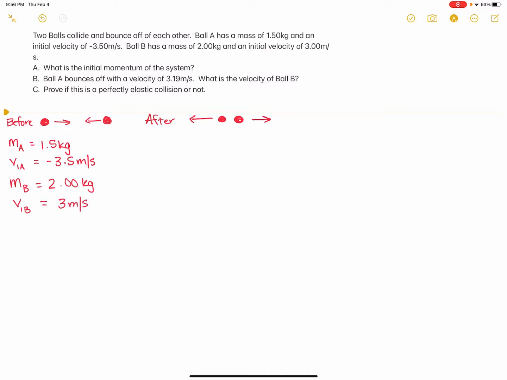So the first thing they're asking us is, what is the initial momentum of the system? Okay, so that's going to be the mass of A times the initial velocity of A plus the mass of B times the initial velocity of B. Okay, so I'm just going to put my numbers in here.